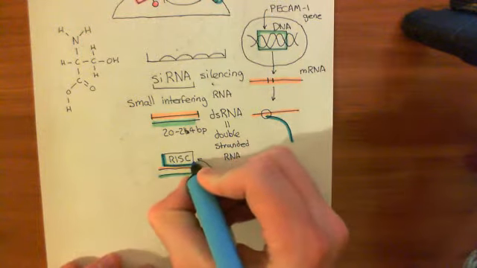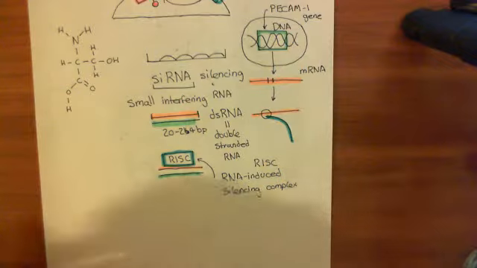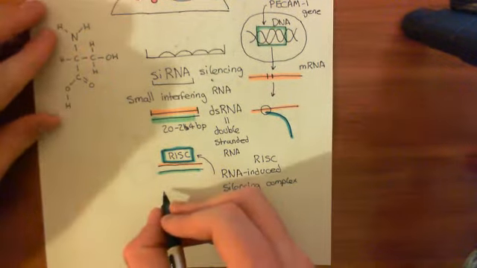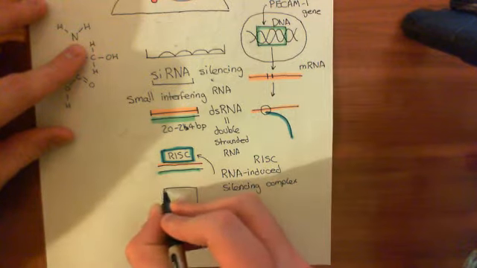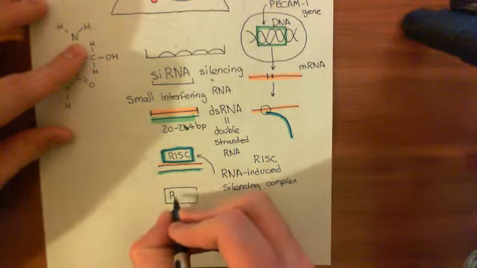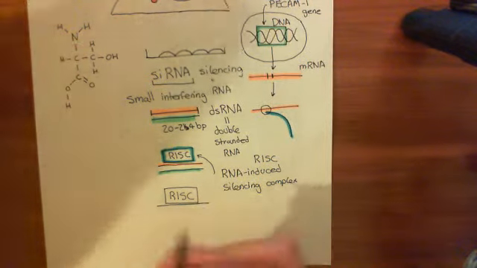We're not interested in those that throw away the green strand. We are interested in those RISCs which throw away the orange strand. So now this RISC is bound to this green strand here.